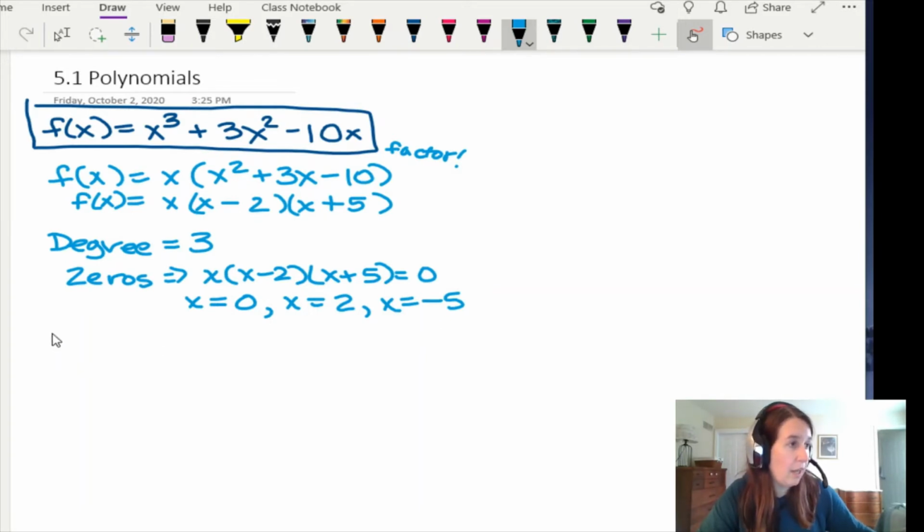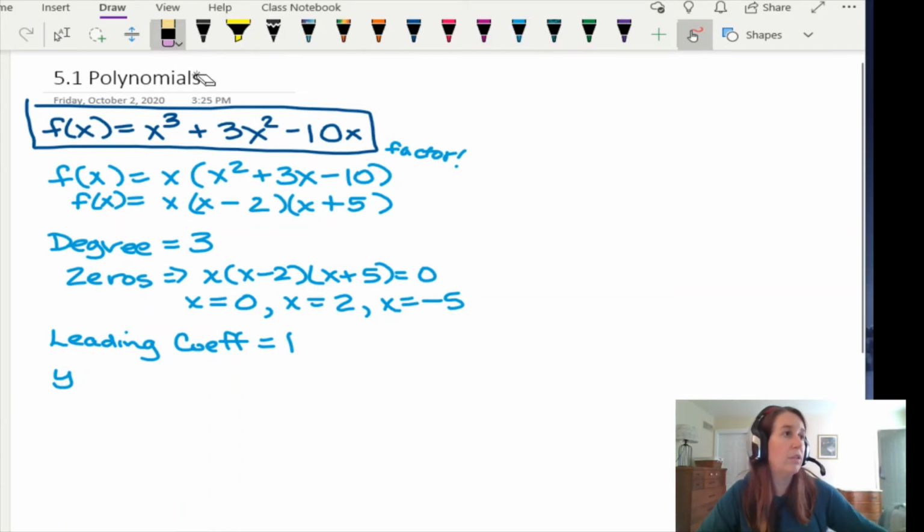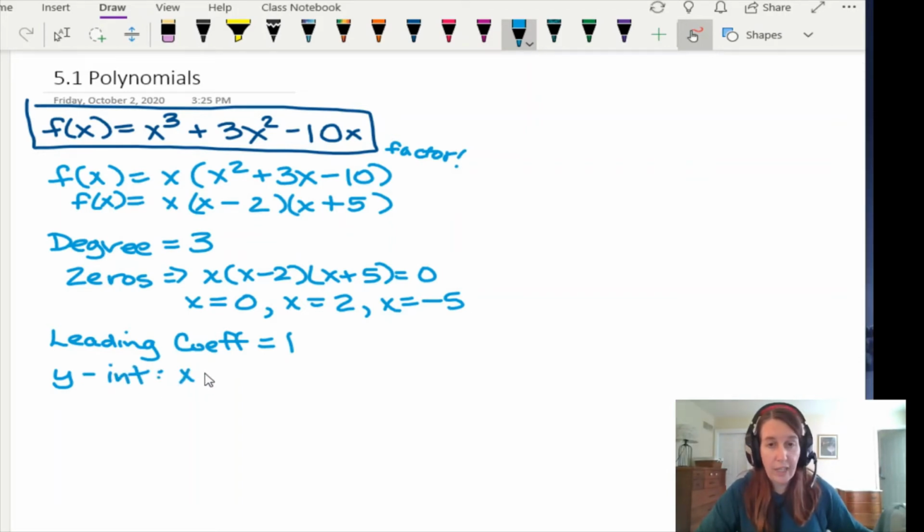I also can tell what the leading coefficient is. And the leading coefficient in this case is 1. And that's just going to tell me which direction I want to go with the ends there. I also probably want to be able to graph the y-intercept. So the y-intercept is plugging x equals 0 into the function.